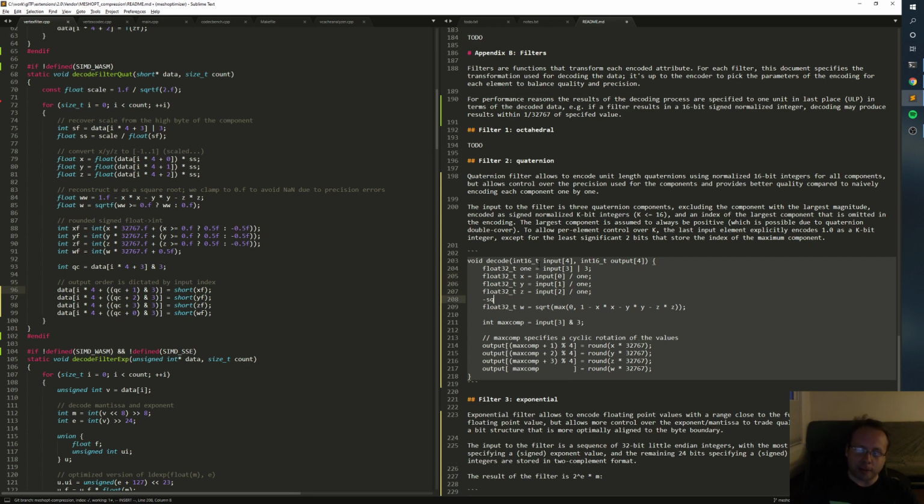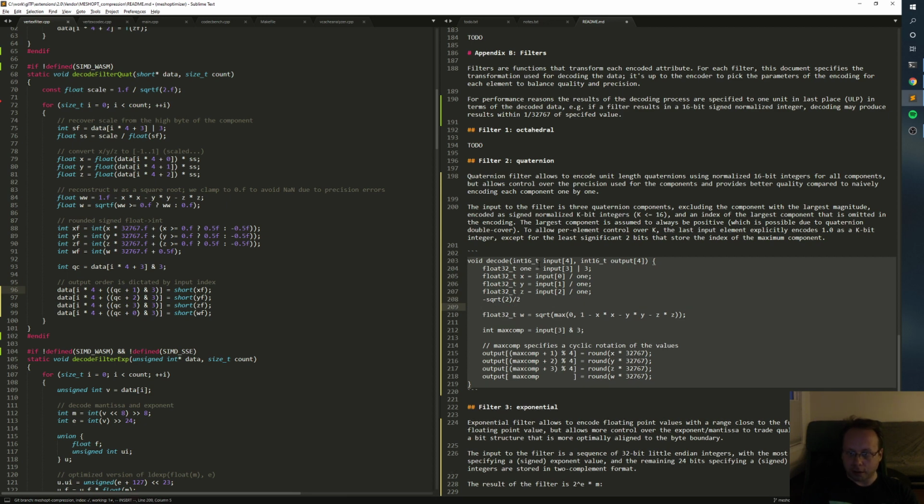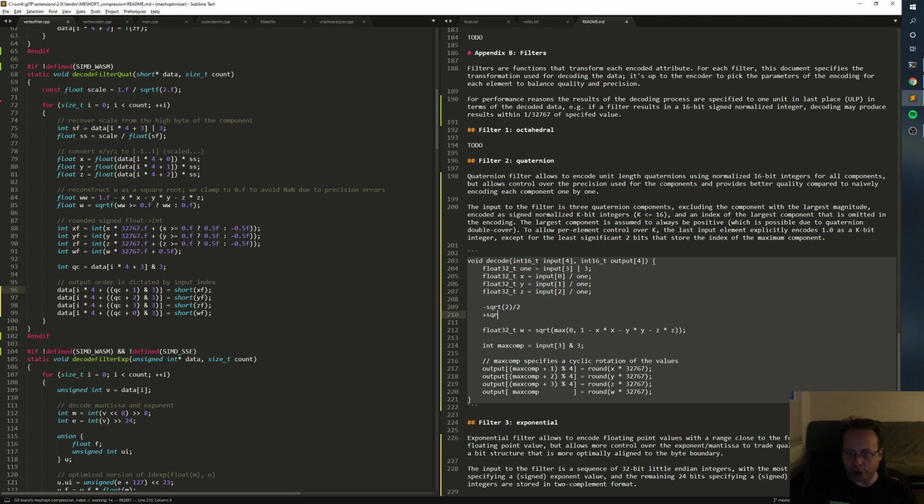The values are minus square root of 2 over 2, I believe. Like the value range after you eliminate the maximum component is this. Is this right? The worst case is there are 2 of them.